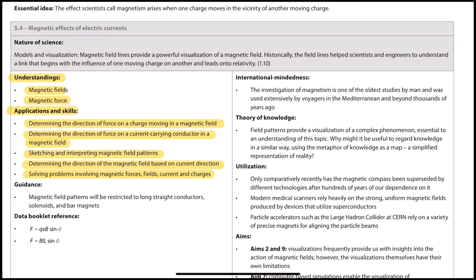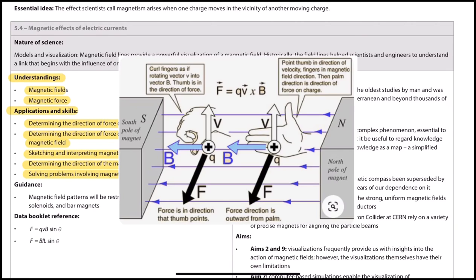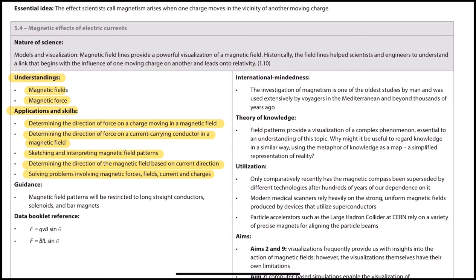This topic is one of the more difficult topics in IB Physics because it requires relatively more complex math, and the physics here is really hard to visualize because it goes against intuition at first. Like, the magnetic field tends to produce forces that are in a different direction from the field itself. But this really is appropriate for this level because of the way it's treated.